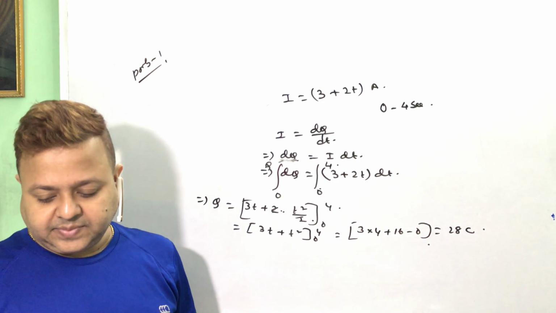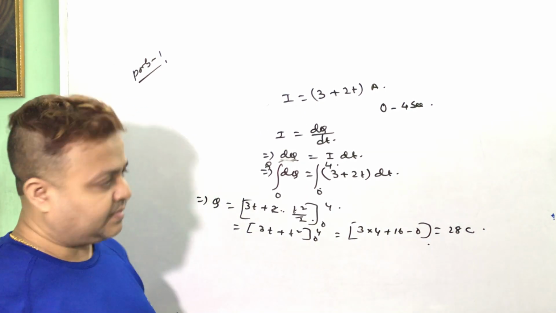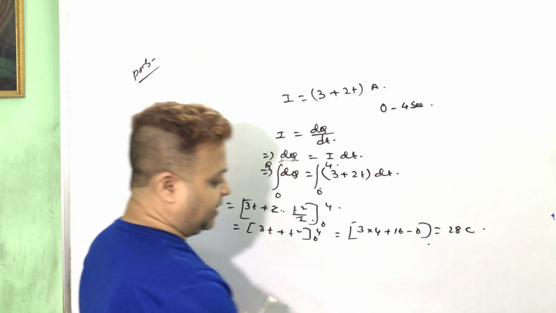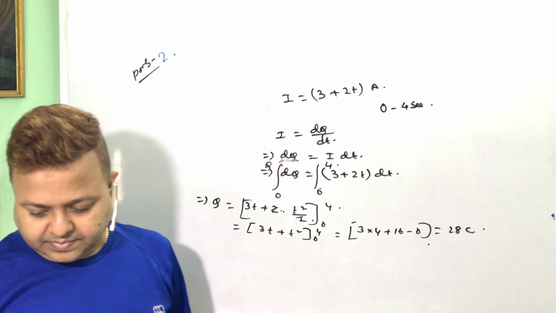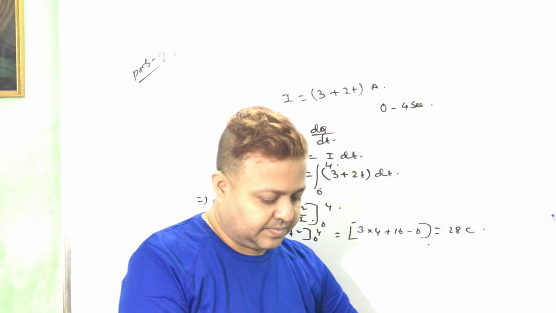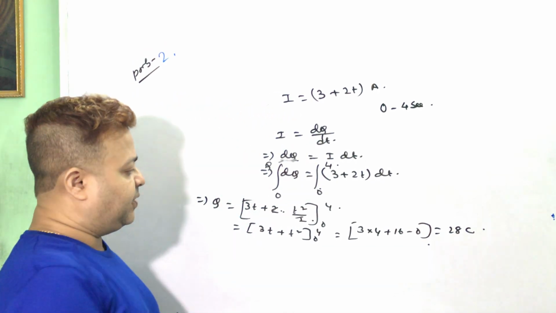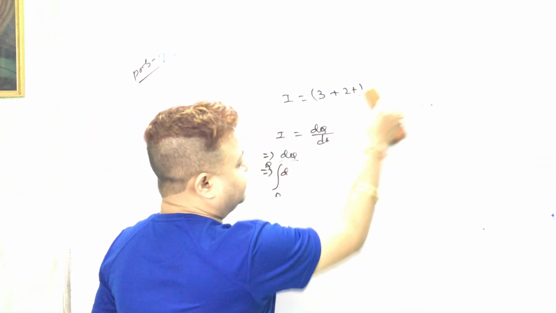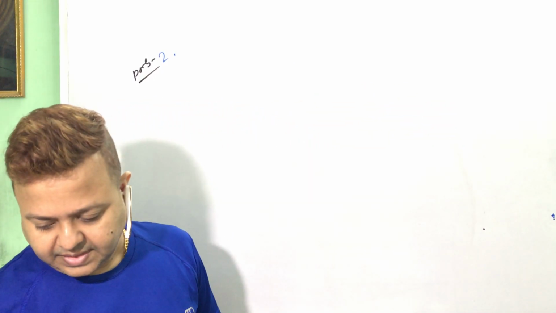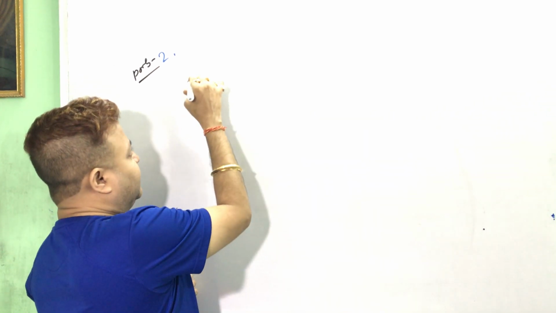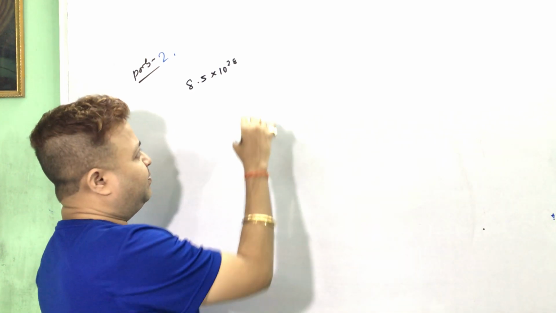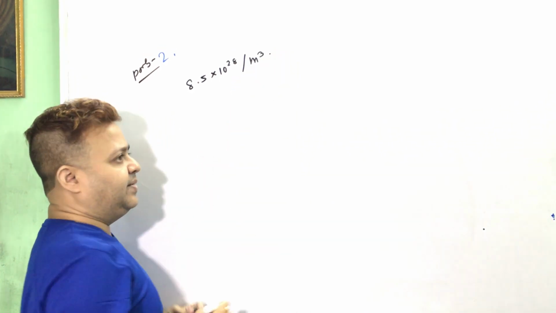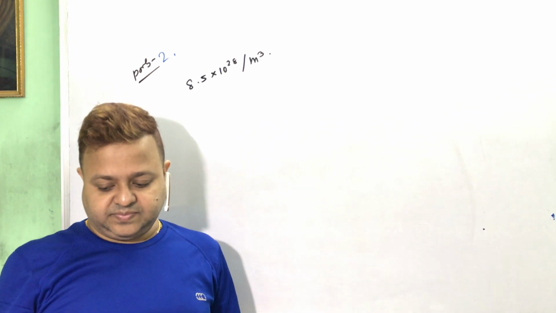Problem number 2: the number density of electrons in copper is 8.5 into 10 to the power 28 per meter cube.